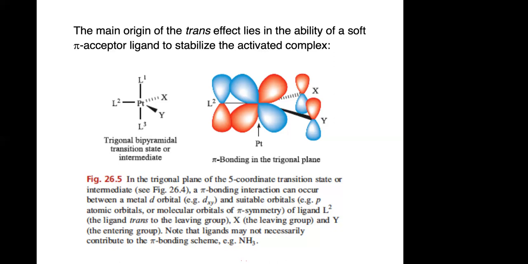So X and Y, this figure shows what would be a pi acceptor interaction in the square pyramidal geometry, but it could be any ligand actually. It doesn't have to have that effect.